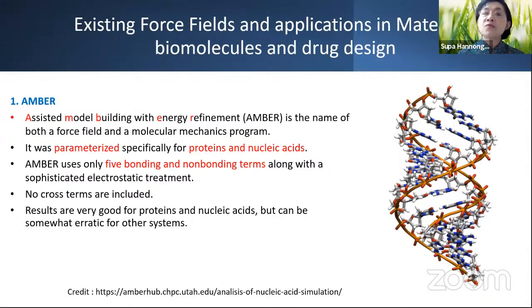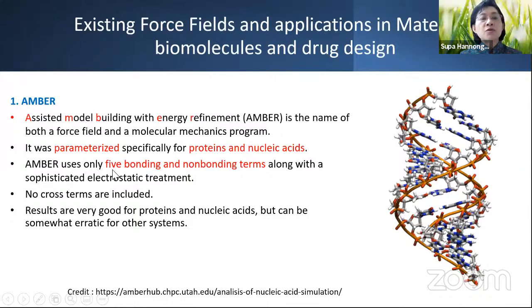For example, a university can buy an academic license, which is not expensive, but for a company it can be quite expensive. Okay, so we can use Amber for good prediction, because Amber is very well parameterized, especially developed for proteins and nucleic acids.